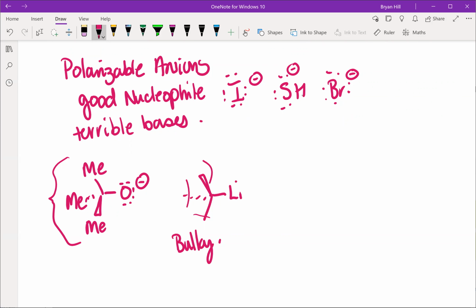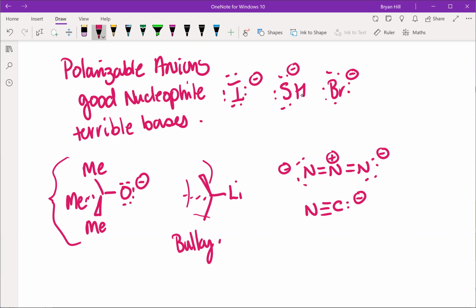Conversely, if you are a linear molecule like these I'm drawing, these are wonderful nucleophiles because they don't take up any space. Just as bulky things make something a bad nucleophile, a linear molecule makes something a better nucleophile.